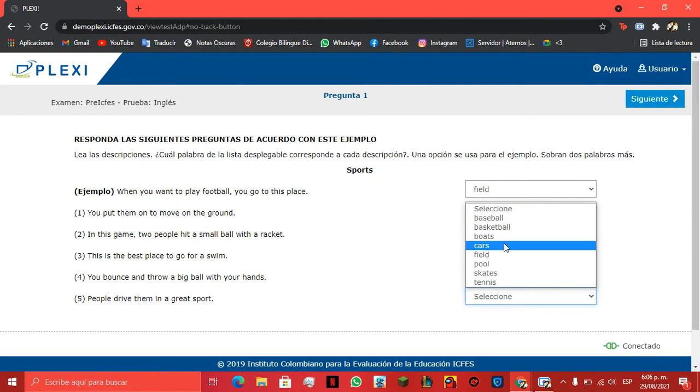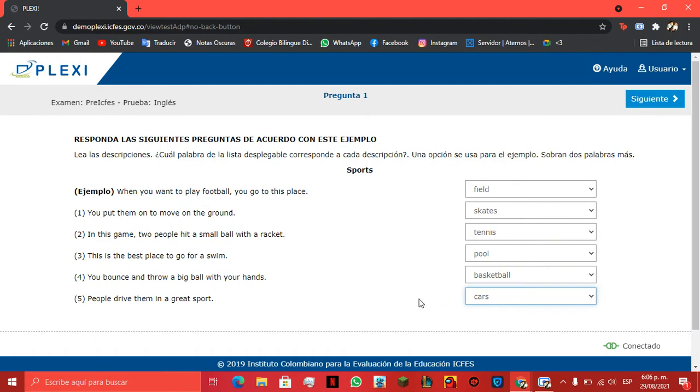No, sorry, if they are using the water, we can sail it. So I think the correct answer is cars because we drive it in sports like Formula One or something like this. So these are the first answers, and we go with the next part.